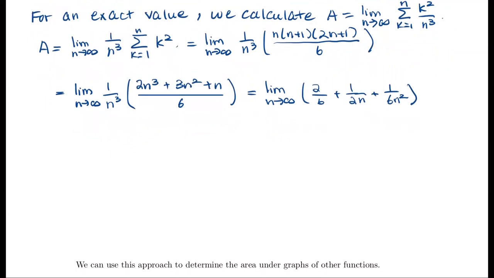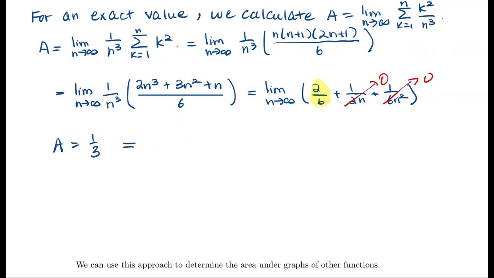Okay, so well, we could see that as n approaches infinity, this would stay as a constant. This would be approaching 0, and this would also be approaching 0 as well. So we could actually just cancel these. So that's going to 0, goes to 0. So what we're actually left with is this value over here, this 2 over 6. Well, that means the area here is going to be exactly 1/3.